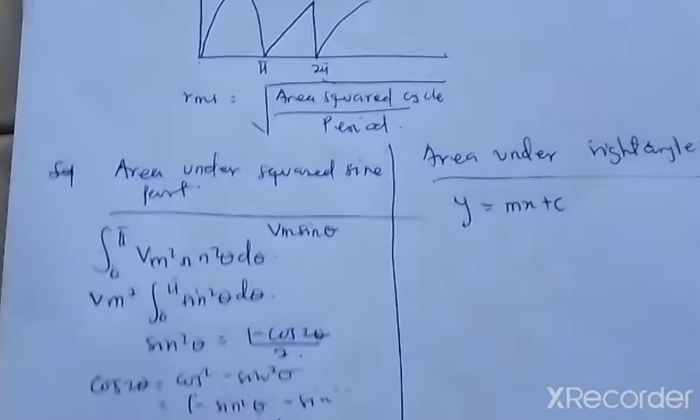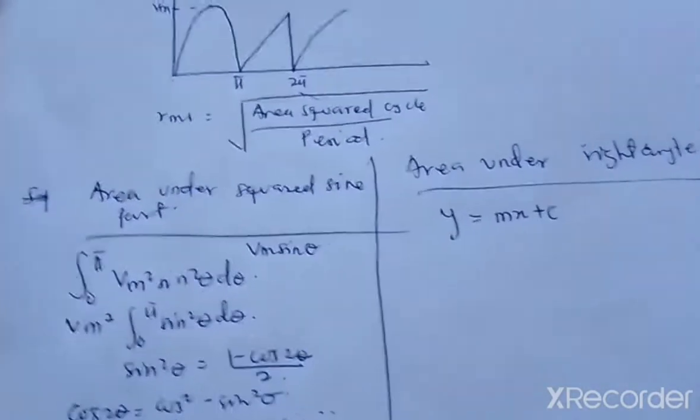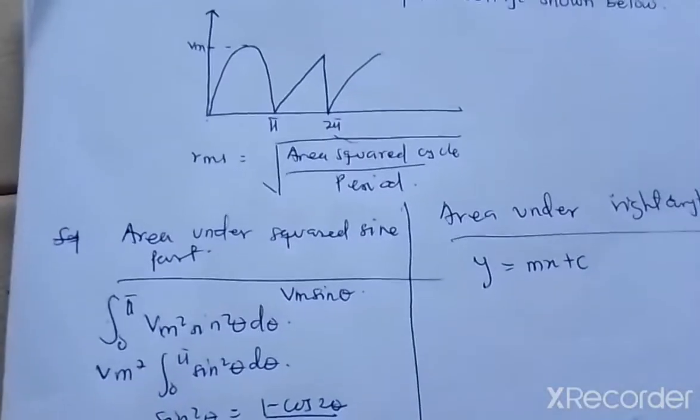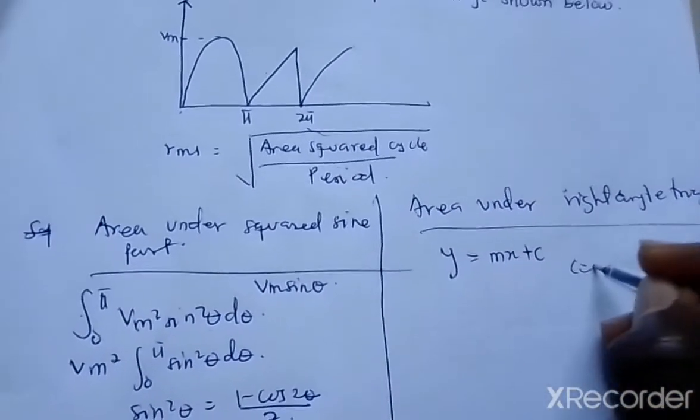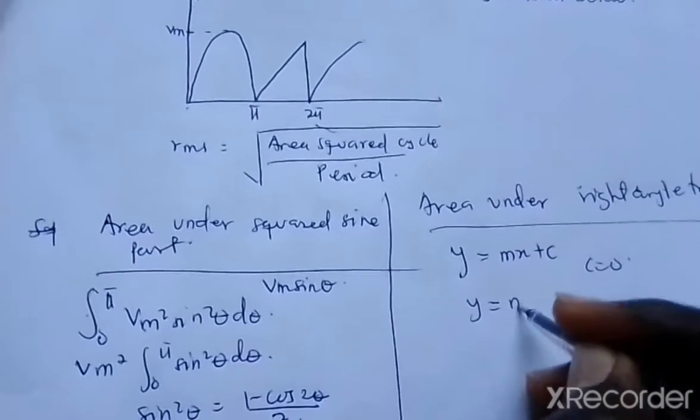That's the equation of a line. But here it is lying on the y-axis, so it has no c, and c is equal to 0. So here we're going to get y is equal to mx.